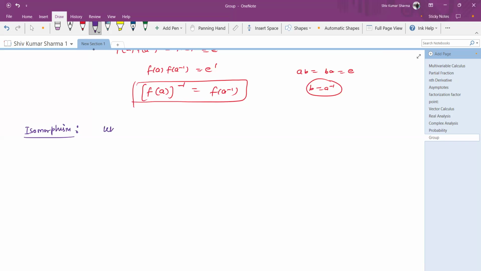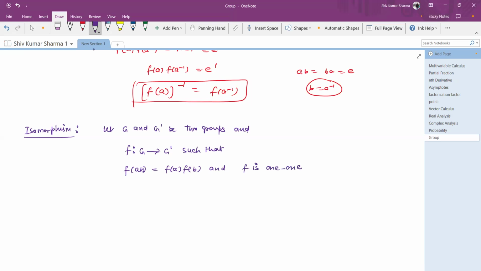Let G and G dash be two groups and f a function defined from G to G dash such that f of AB is equal to f of A into f of B. This is for homomorphism, and f is one-one.